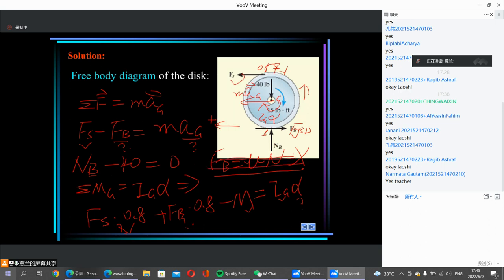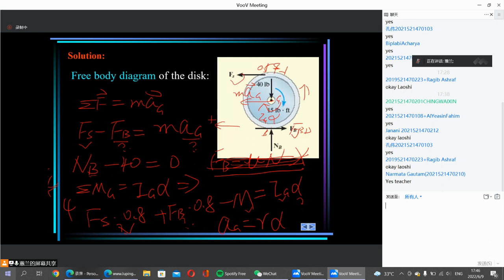But it's very important: we know AG equal to R alpha. So here we have 4 equations and 4 unknowns. We can find Fb, N, the acceleration AG, and alpha.